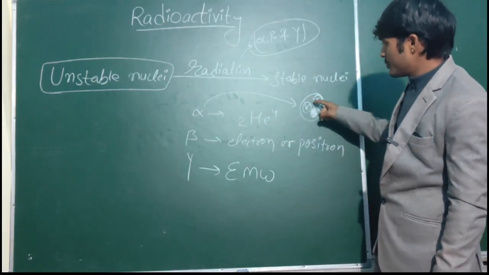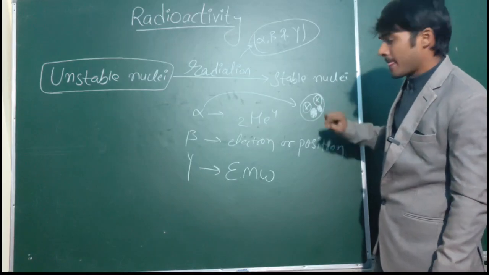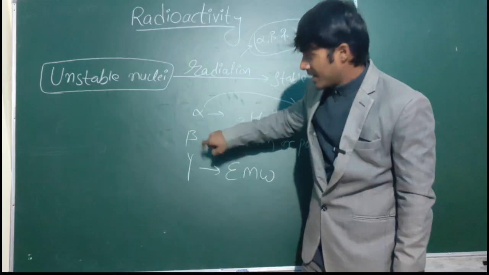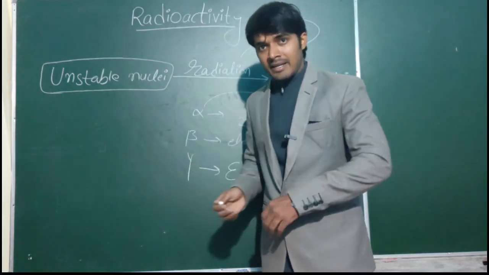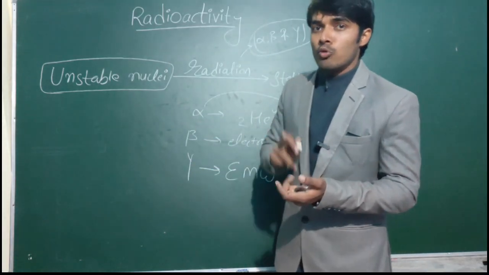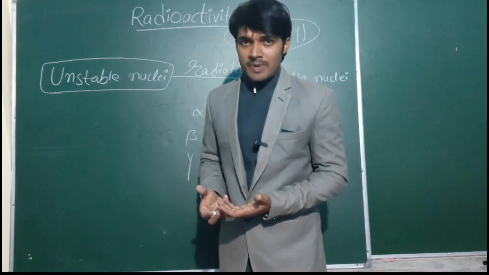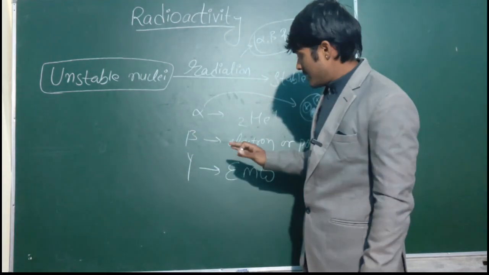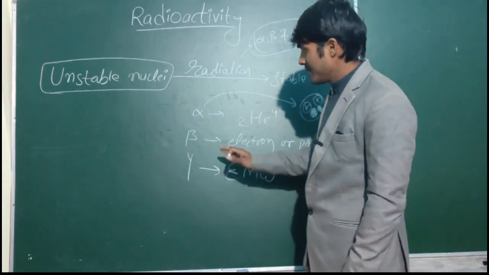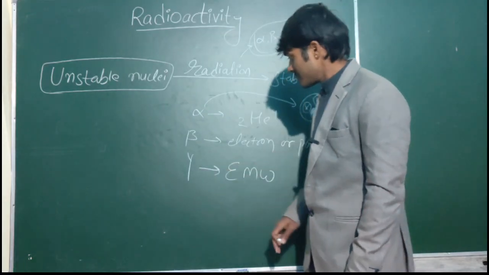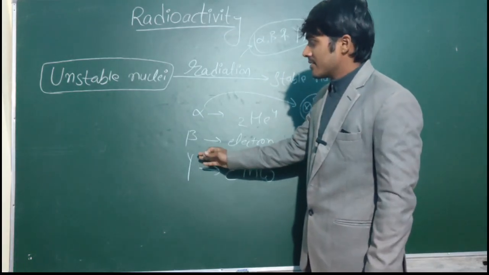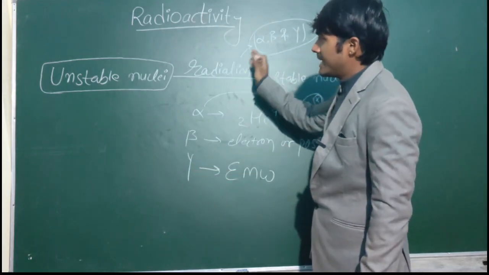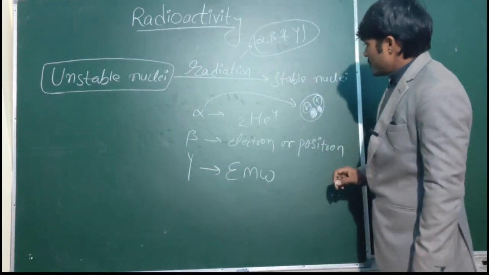And as they possess two positive charges, the alpha and beta particles are affected by electric and magnetic fields, because electric and magnetic fields both exert force on moving charged particles. But gamma radiation has no deflection due to any electric or magnetic field. Gamma radiation is nothing but gamma photons radiated by the unstable nucleus.